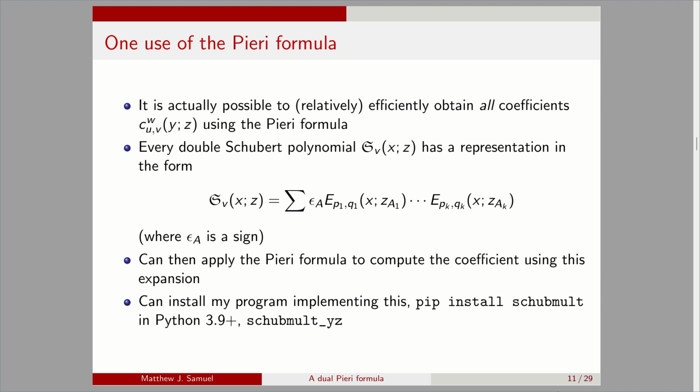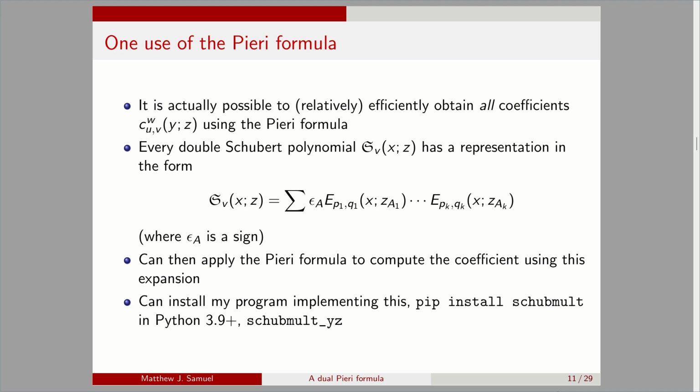So you can actually compute all of the coefficients c^w_{uv}(y,z) using the Pieri formula. The way you do this is you can express a double Schubert polynomial S_v(x,z) as a sum of products of factorial elementary symmetric polynomials in x and various substituted z variables, so they won't just be z_1, z_2, they will have different indices, and there will also be signs.